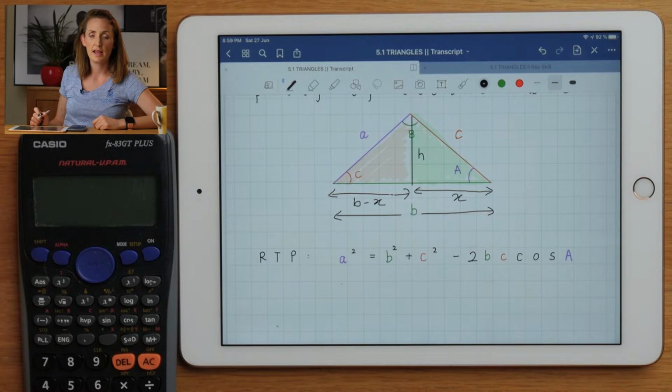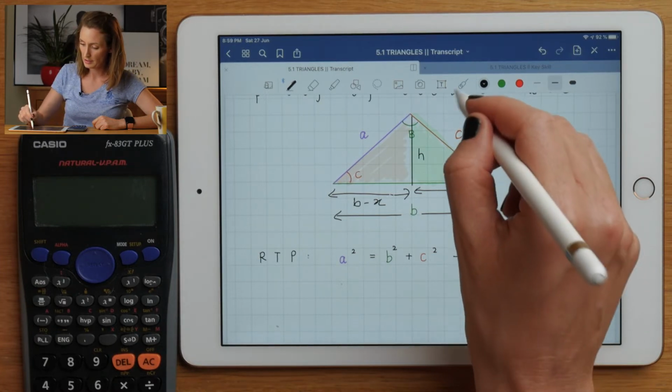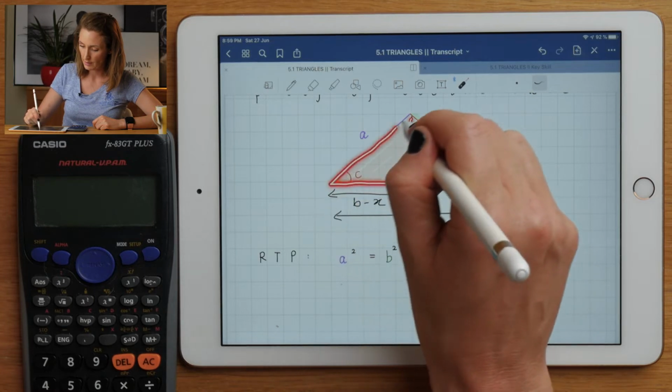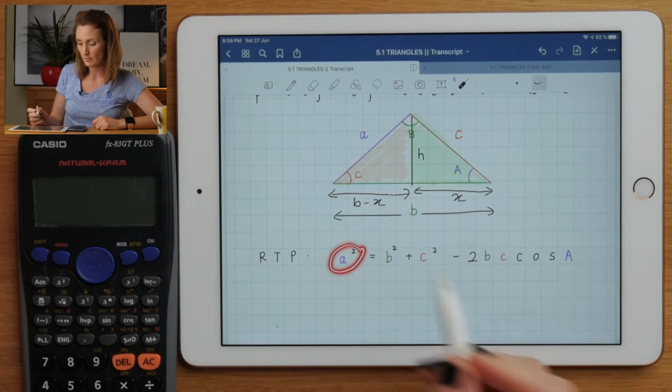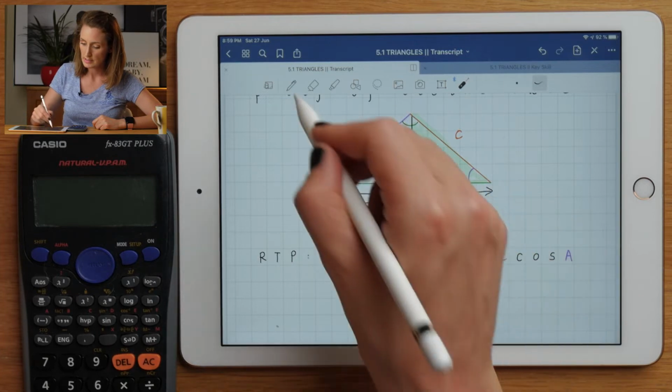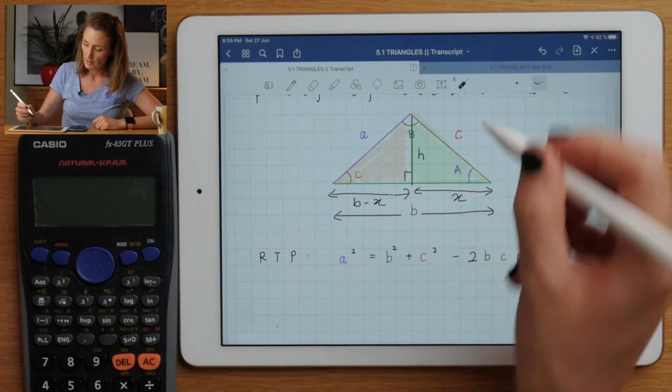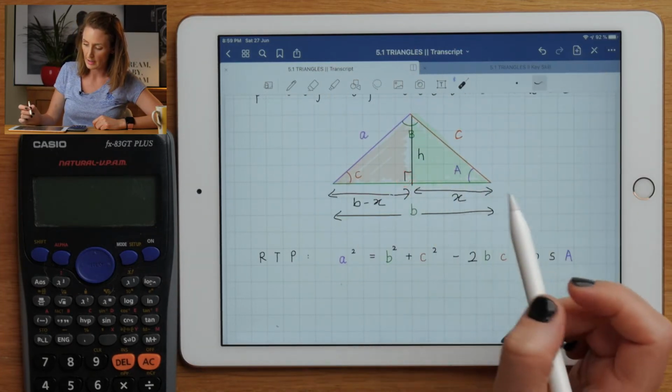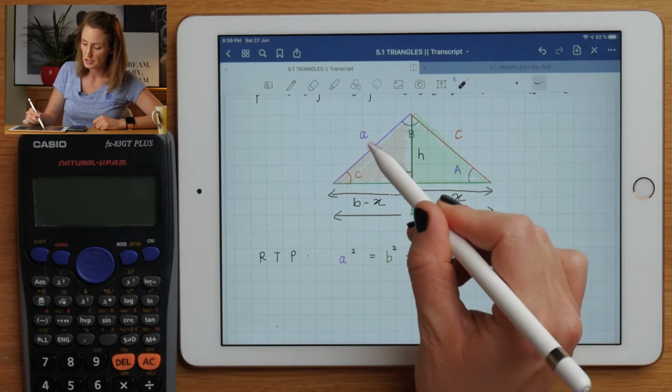So I'm going to start on the left triangle here, and I'm going to use Pythagoras' theorem to make a formula for a squared because I'm trying to find a squared. Now remember what we said before: the right angle is there, and h is opposite.